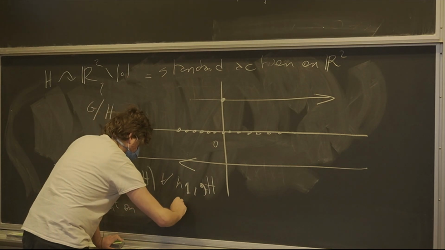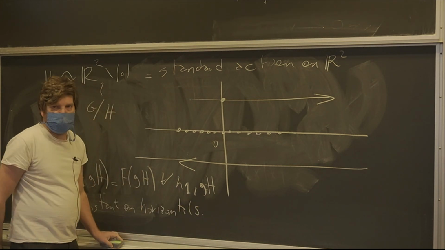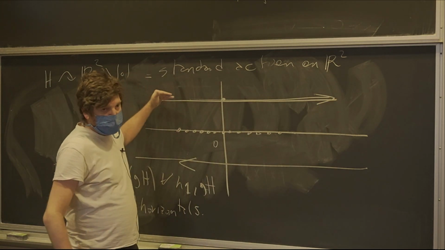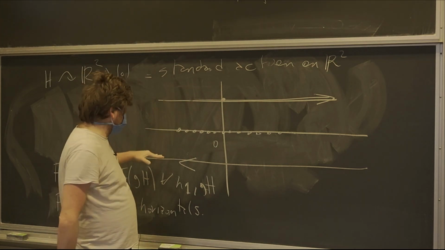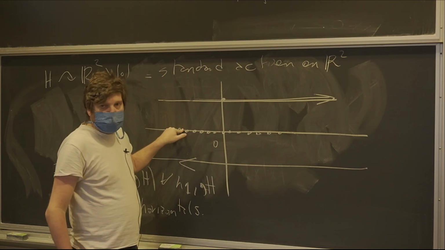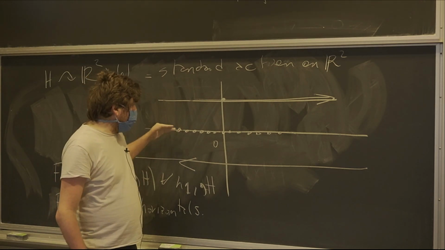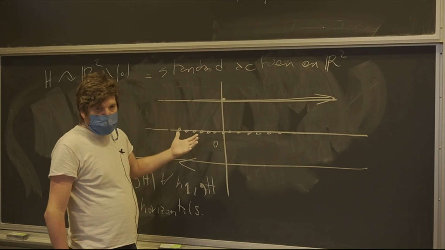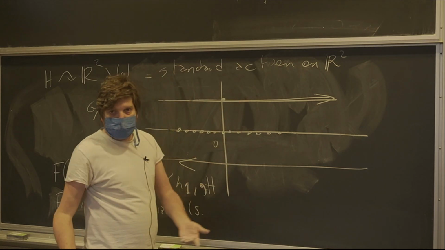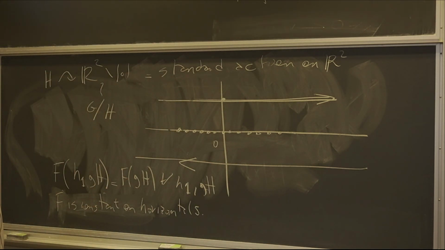I guess that's a much simpler explanation. So the fact that it's constant on this horizontal is because the H acts transitively on this horizontal. The fact that it's constant on these other horizontals as well, the only non-trivial one is the horizontal through 0, because there you don't act transitively, but here you use continuity. And being constant on horizontals is a continuous matter, so it goes to the closure. Which means that f is constant on all horizontals.